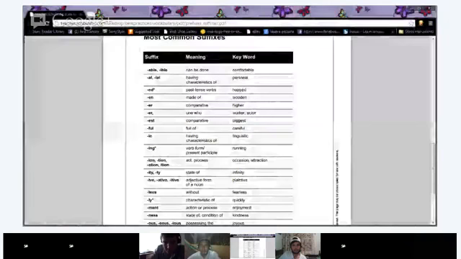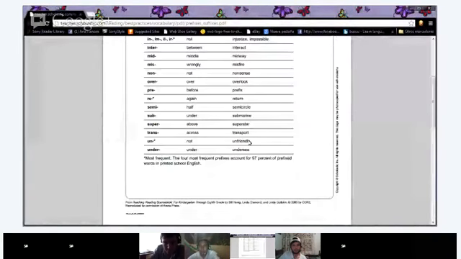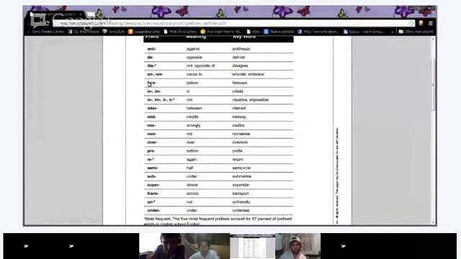Everyone's good to go. In prefixes, for example, for has the meaning of before, and there is another one with the same meaning. Pre? Yes, pre.